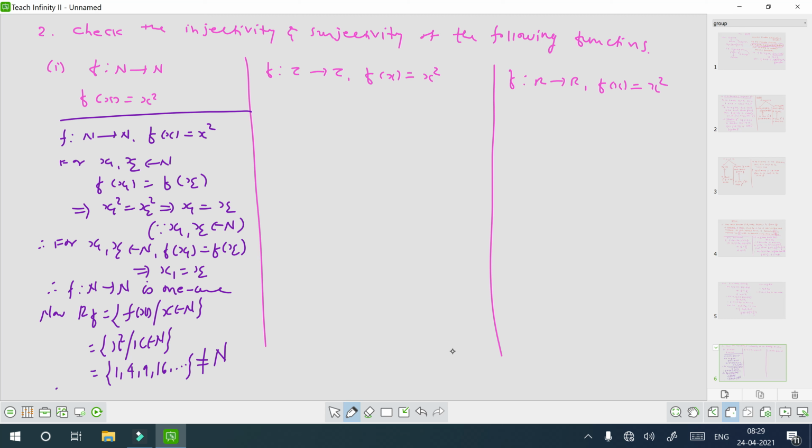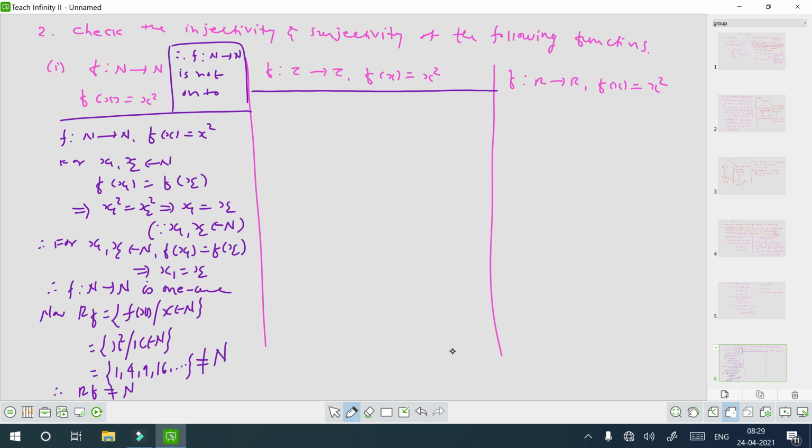And therefore range of f is not equal to N, and therefore we can say that f from N to N is not onto. Clear?